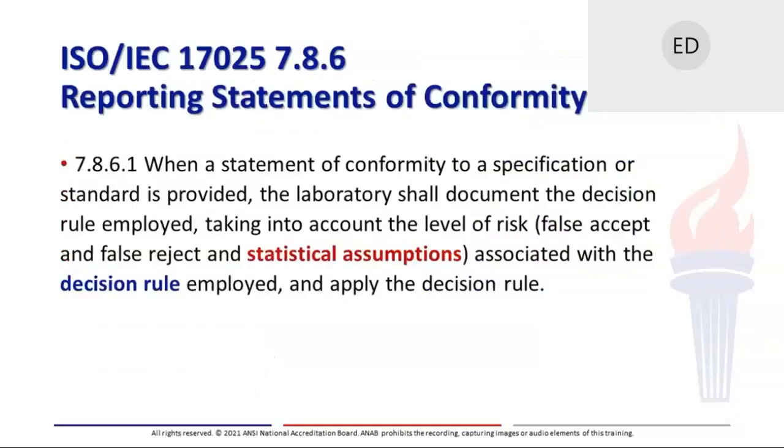One of the last requirements that we're going to discuss is reporting statements of conformity. 7861 talks about statements of conformity, and it says, when a statement of conformity to a specification or standard is provided, the laboratory shall document the decision rule employed, taking into account the level of risk, whether it be false accept, false reject, and the statistical assumptions associated with the decision rule employed, and apply the decision rule.